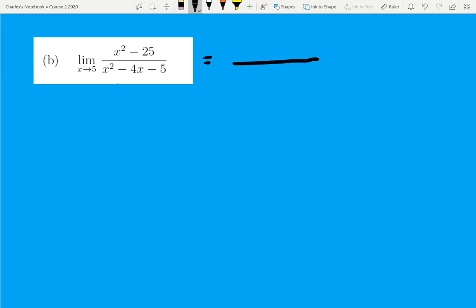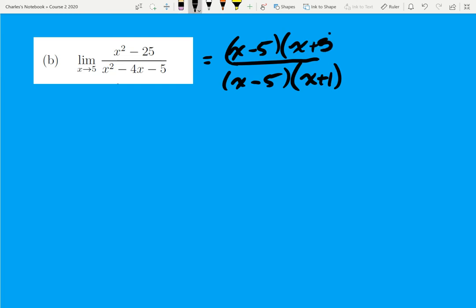So what you'll think to do is factor to see if you can factor and cancel. And in this case, I can factor the bottom into x minus 5 times x plus 1. And I can factor the top into x minus 5 times x plus 5. And what happens is you can cancel the x minus 5.